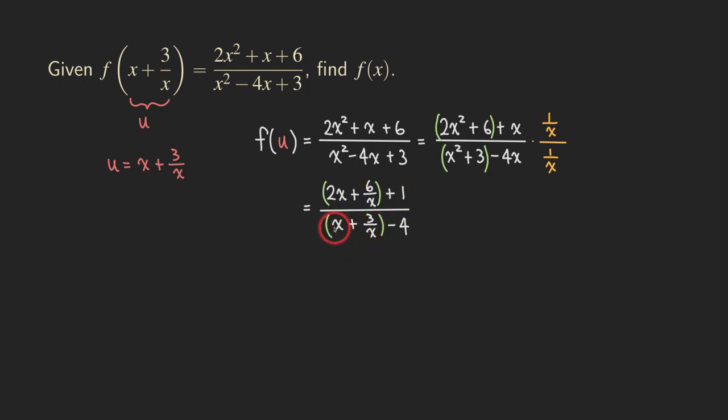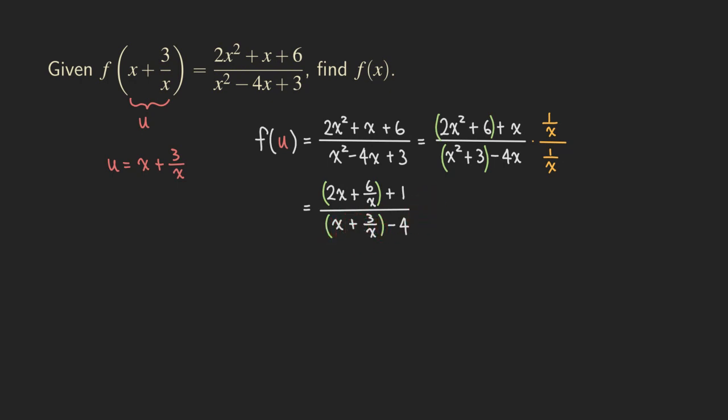Now as you can see, there is the x plus 3 over x here, which is the exact same thing that we are plugging into the function f. Let's continue. Remember that if we factor out the 2 from both terms inside this group, we are also going to get the same expression as in the bottom inside the parentheses.